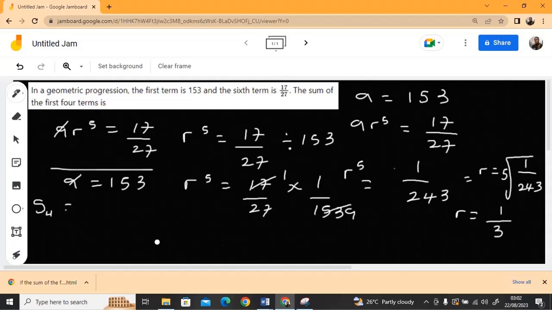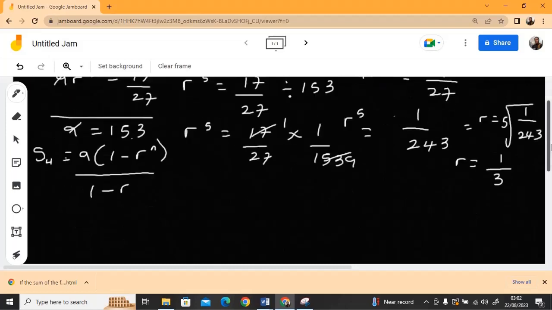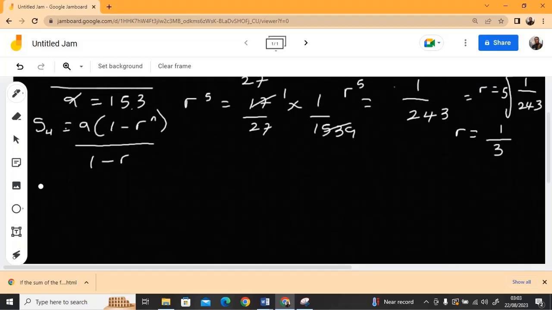Your r is less than 1, so the sum is a times open bracket 1 minus r raised power n, close bracket, over 1 minus r. Based on that, since r is less than 1, my sum of the first 4 terms will be, what's my a? My a is 153.